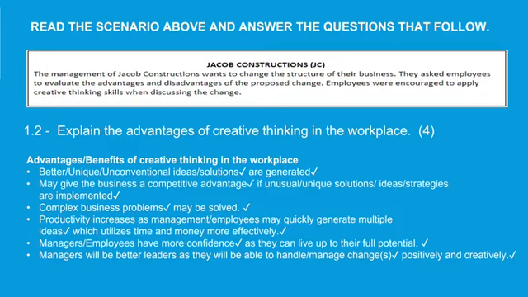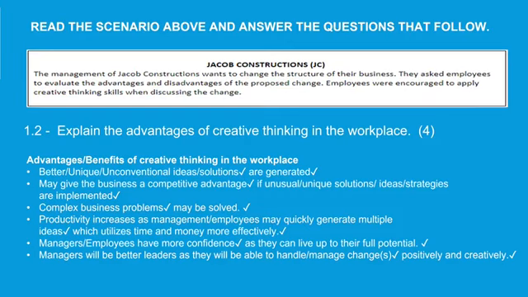Right, so let's have a look at the possible answers that have been provided. The first one, it says better, unique, unconventional ideas or solutions. Okay, that's where you get your first mark. And the second mark would be are generated. All right, and then moving on to the next one, may give the business a competitive advantage. Okay, how?